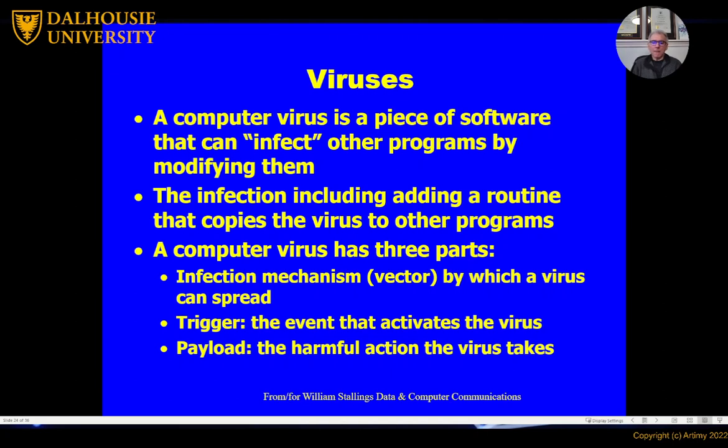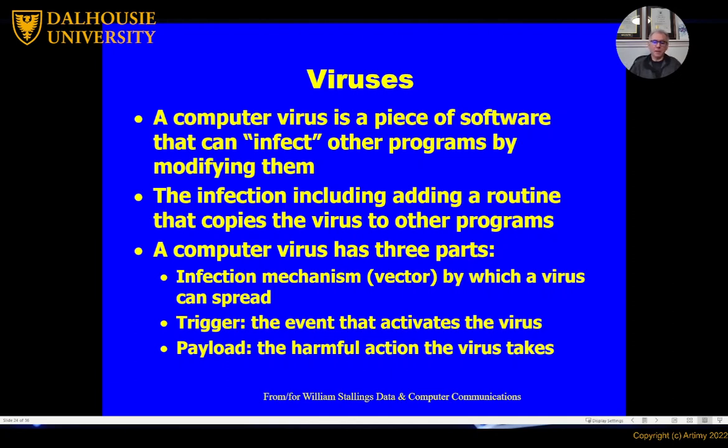One of the main characteristics of a virus is that it can replicate itself. We call that infection, right? Infection means that the malicious software, the virus, is added to a normal program. Then one of the things that the virus does is copy itself to another program.